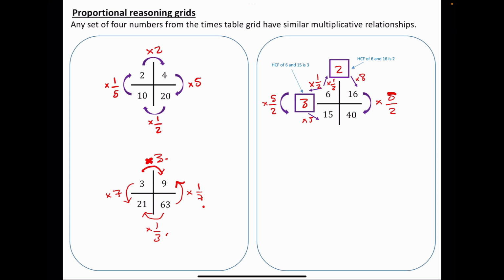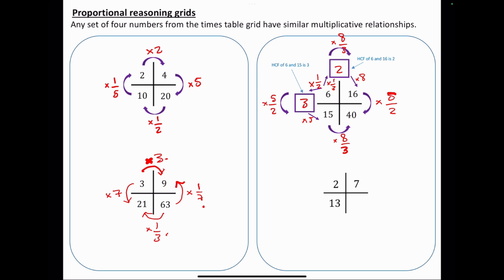So overall, combining 8 and 1/3, I've got 8/3. And that'd be the same going on the bottom. To get from 15 to 40, I would times by 8/3.